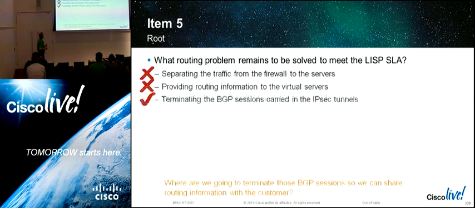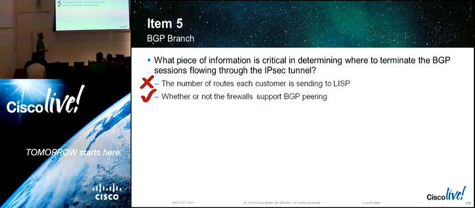And then if I pick that one, I'm going down the correct branch. I'm going to ask you, what other piece of information do you need to know in order to terminate the BGP sessions? Is it the number of routes that you need to terminate? Or is it whether or not the firewalls support BGP? Well, I don't really need to know how many routes, probably.